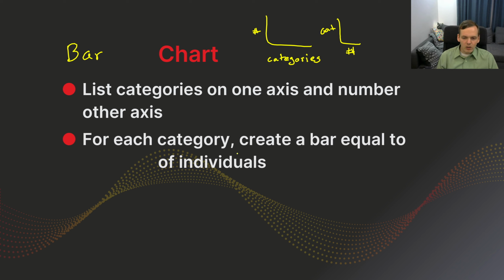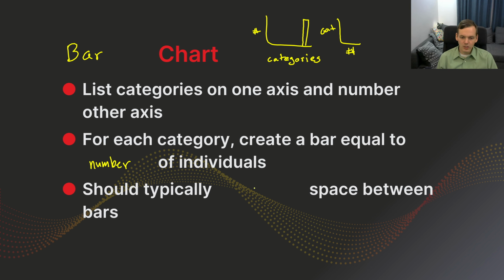For each category, create a bar equal to the number of individuals. So if there's 50 people in a category, that category should go up to 50. Now here's an important point to distinguish it from something we'll look at later. You should typically leave space between the bars.